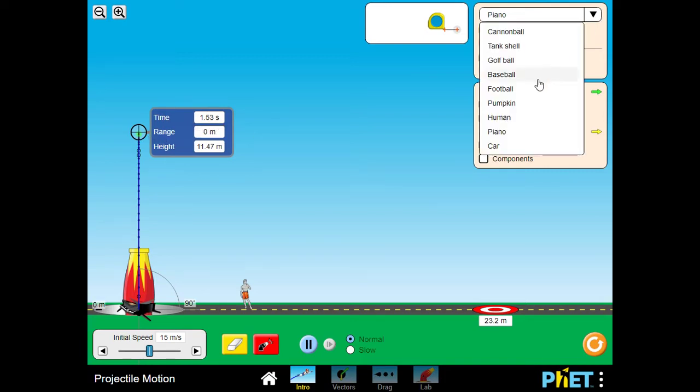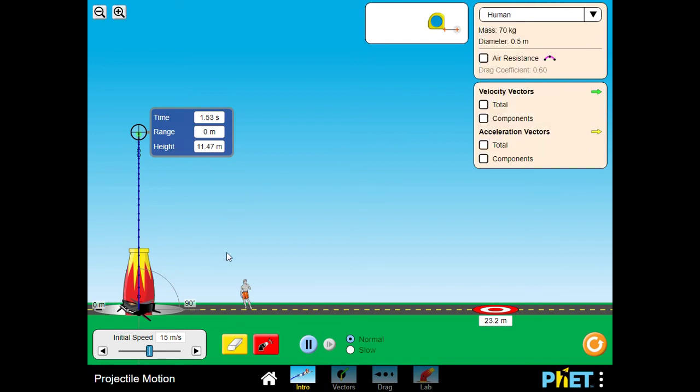And again I project a ball vertically: the maximum height is again 11.47 meters and the time is the same, 1.53 seconds.